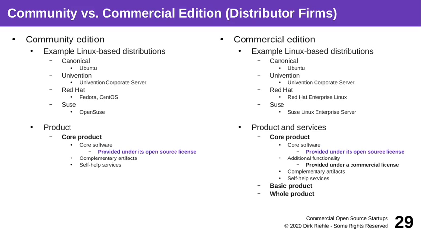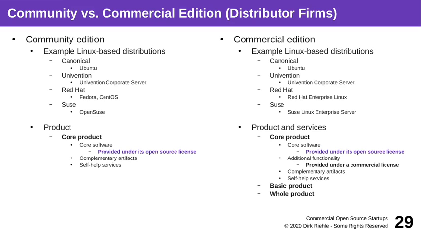An example for such community editions would be Fedora for Red Hat, even though it's a separate piece of software. Canonical has Ubuntu, and there's OpenSUSE versus SUSE Linux Enterprise Server, and so forth.